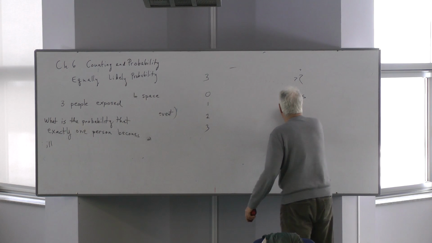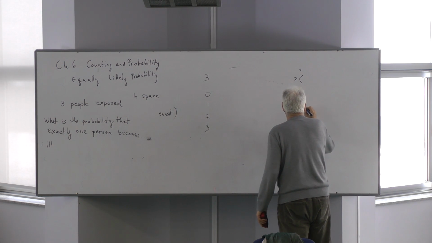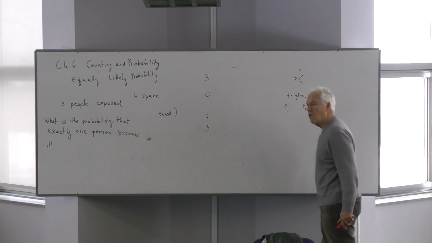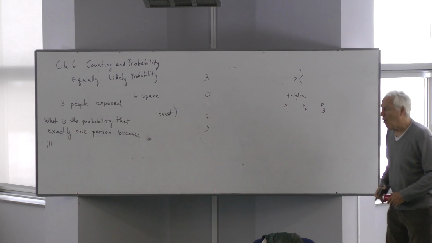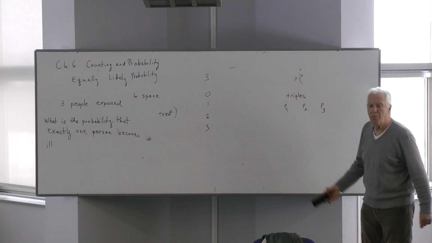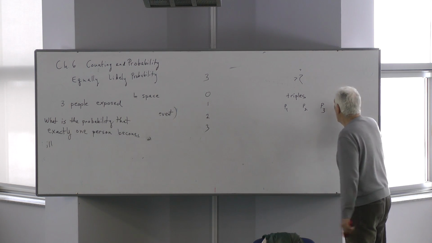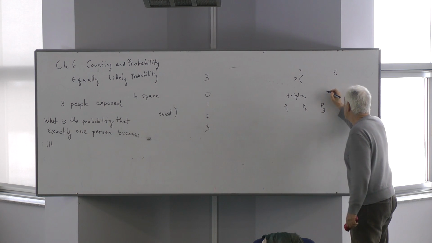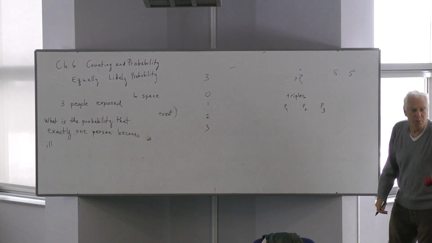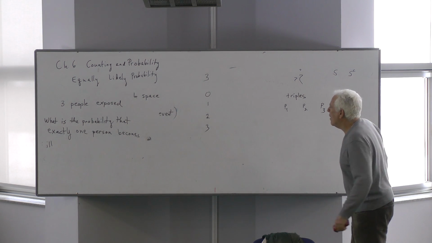So this is person 1, person 2, person 3. There are three people. Now, how can this work? Each of these could be sick or not sick. S for sick, and not S, the complement, healthy.